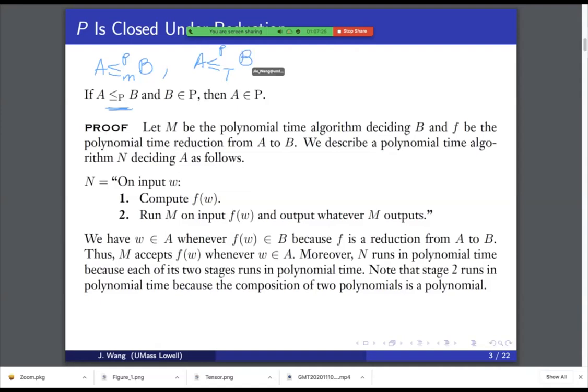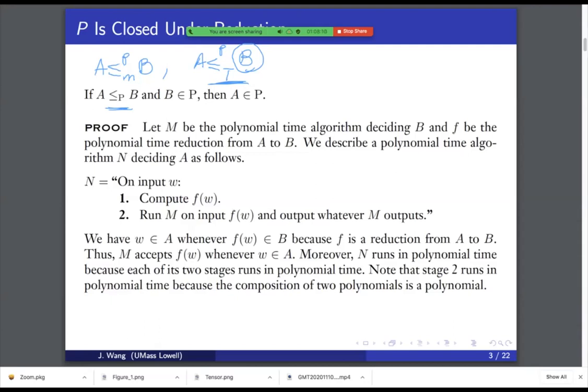So if A is reducible to B via a many-one reduction in polynomial time or a Turing reduction in polynomial time, and if B is in P, then A is in P. What that means is that A is not harder than B, or you can think of it as A is easier than B.